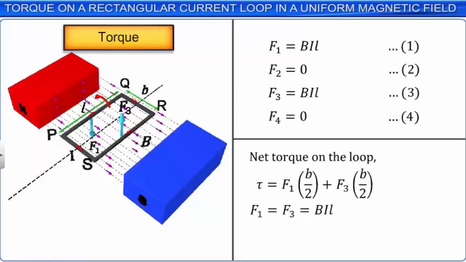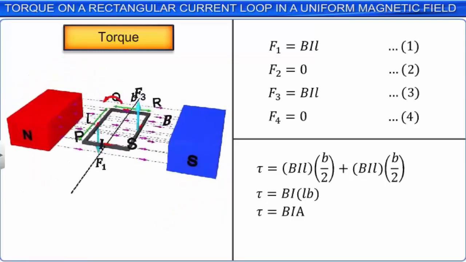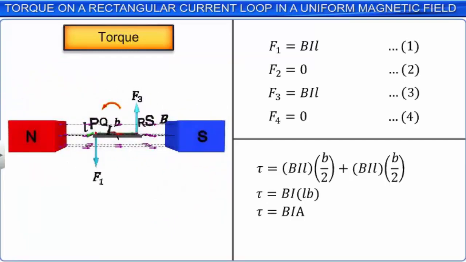Then, τ is equal to BIL into b by 2 plus BIL into b by 2, which is equal to BI into Lb. As L into b is equal to the area of the rectangular loop A, we can denote the torque acting on the rectangular current loop τ is equal to BIA. The net torque on the loop tends to rotate it in the anti-clockwise direction when viewed from SP side of the loop.